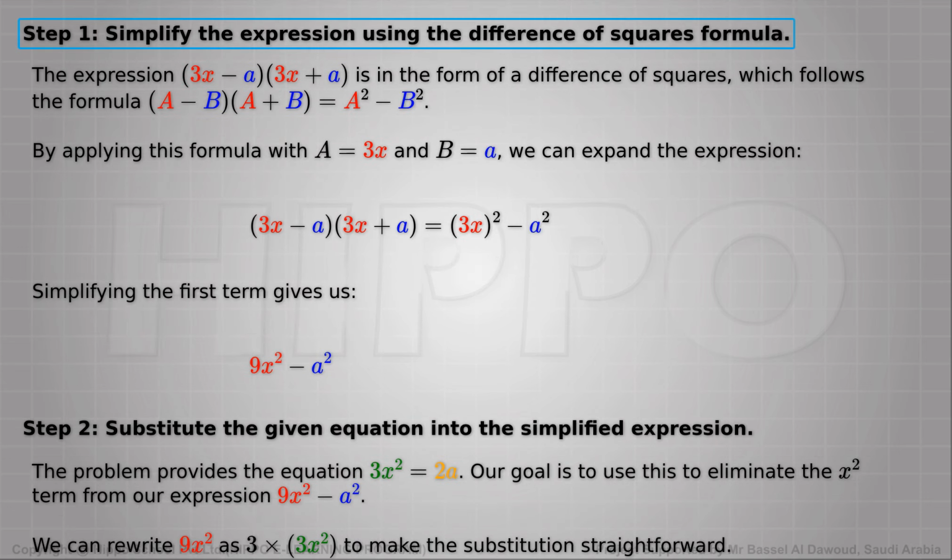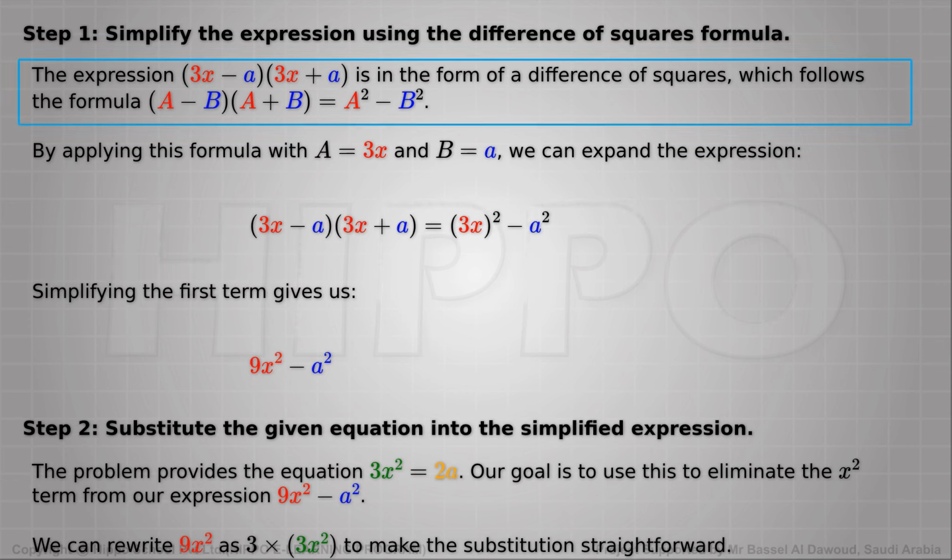Okay, for step 1, we need to simplify the expression. When you see an expression like (3x minus a) times (3x plus a), it should immediately ring a bell. This is a classic pattern in algebra.